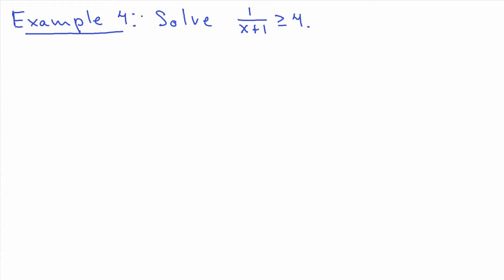So let's deal with a rational expression. So we want to solve 1 over x plus 1 is greater than or equal to 4. As before, I want to move everything over to one side. So I have 1 over x plus 1 minus 4 is greater than or equal to 0. And then I need to simplify this.